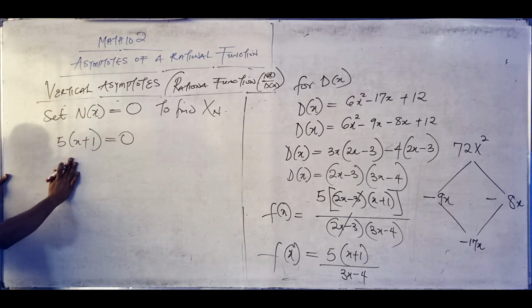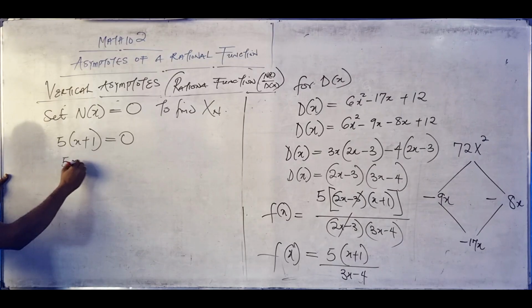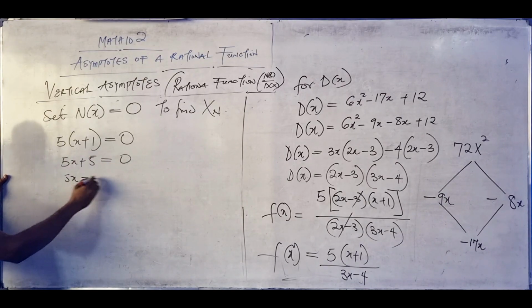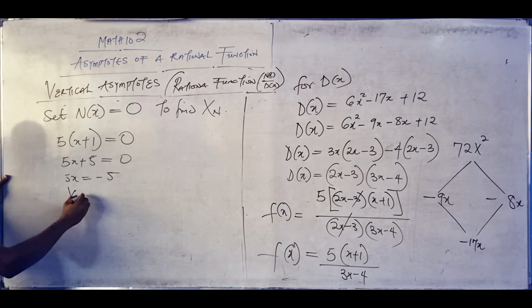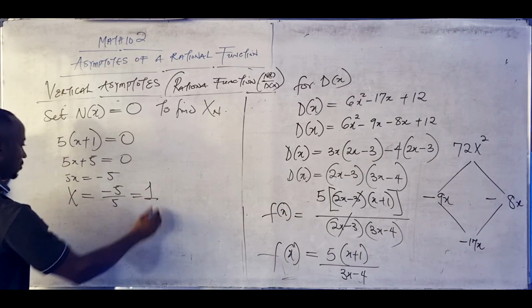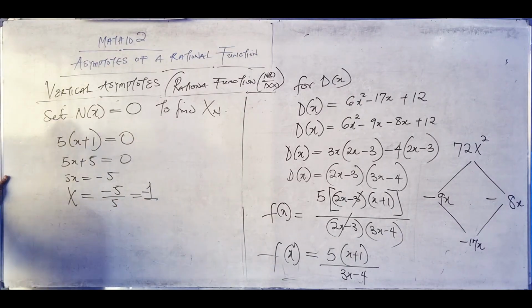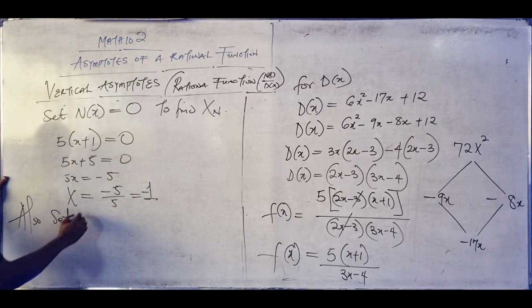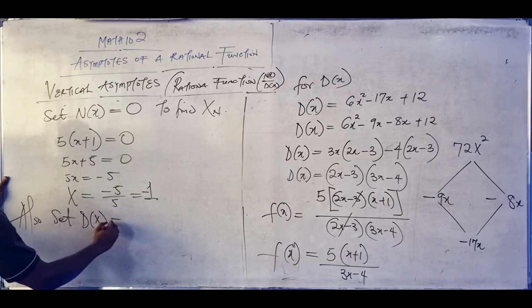Can we expand this? 5 times s here: 5s plus 5 equals 0. So here we have 5s equals minus 5. s becomes minus 5 over 5. What's the answer? Minus 1.